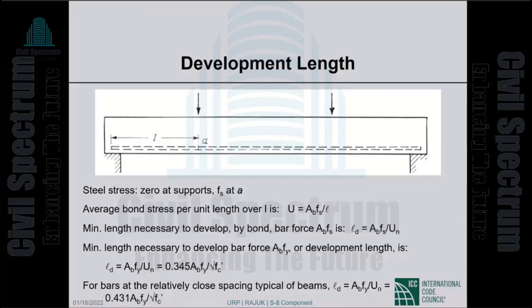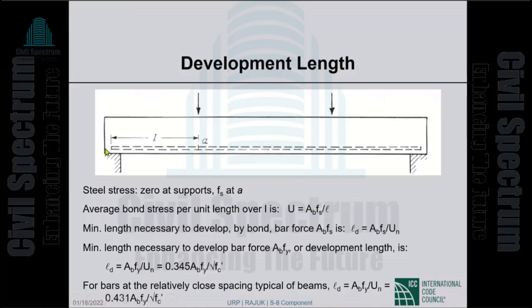Average bond force per unit length over this length L is the cross-sectional area of the bar times the tension stress in the bar, A sub b f sub s, which is the force in the bar, divided by the length.